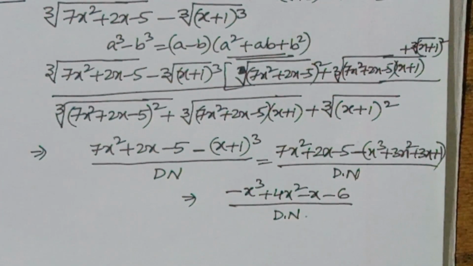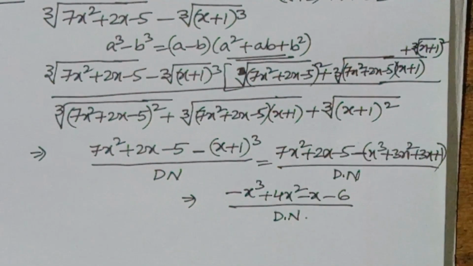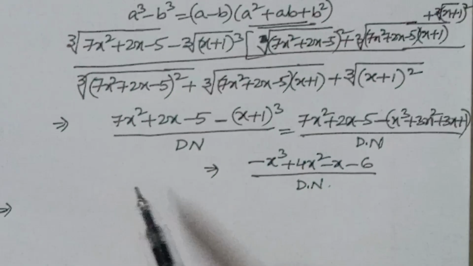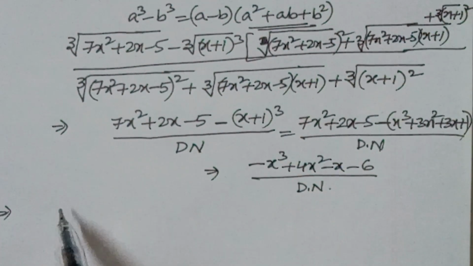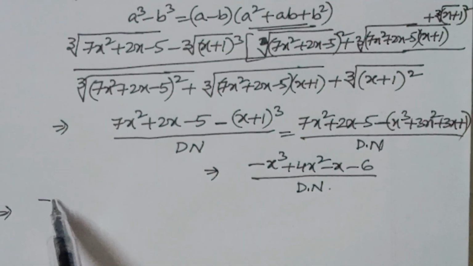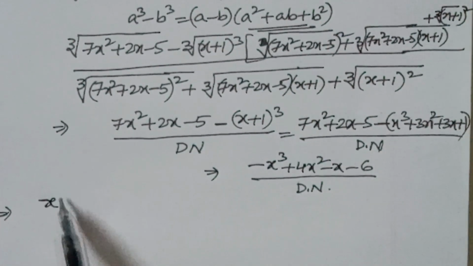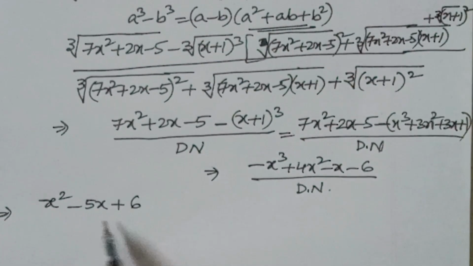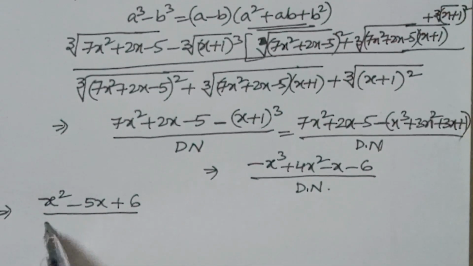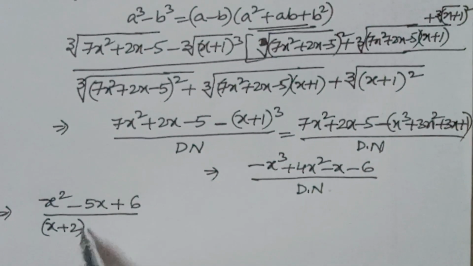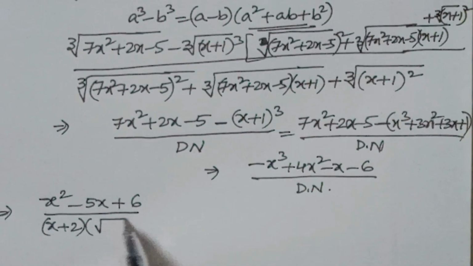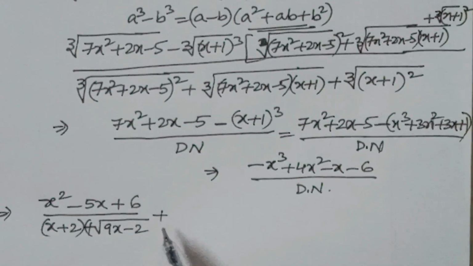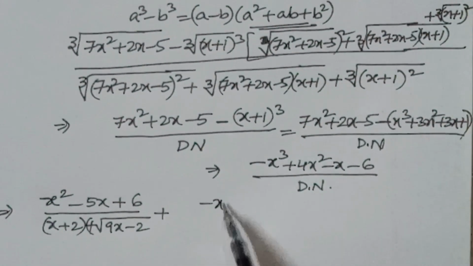Now here both are equal, so I will write both the terms on one side. So here minus, first I will write this one, x square minus 5x plus 6 by x plus 2 into x plus 2 plus root of 9x minus 2, plus minus x cube.